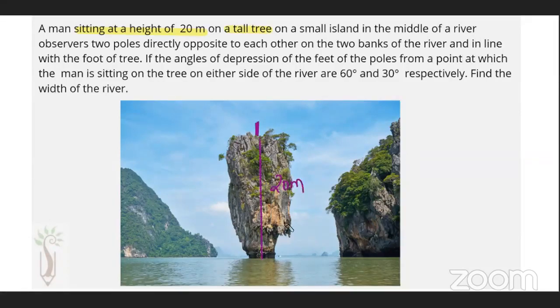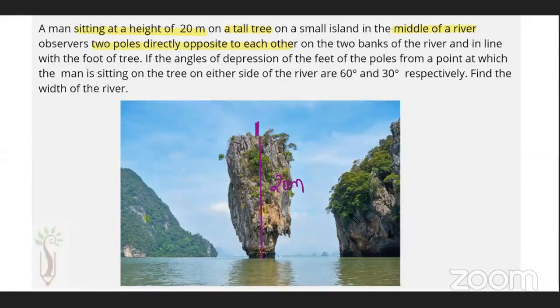Now he is observing what? He's sitting in the middle. The tree is in the middle of the river, which again I couldn't get, so it's like an ocean. In the middle of that, there is the stone. That observes two poles directly opposite to each other. Again, I couldn't get two poles, so I've taken this picture where there is a big stone-like structure in the middle of the ocean.